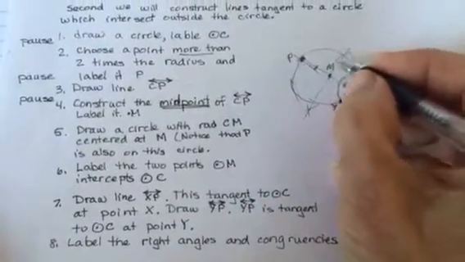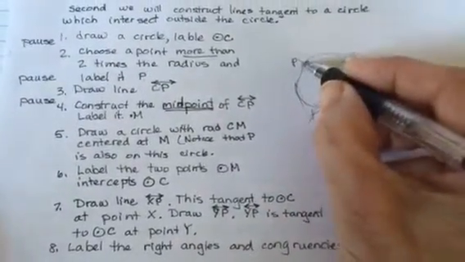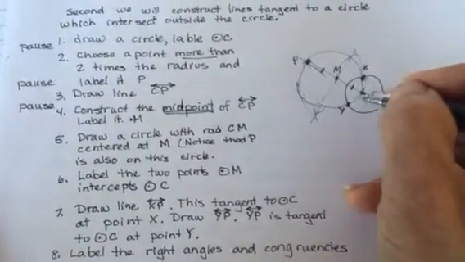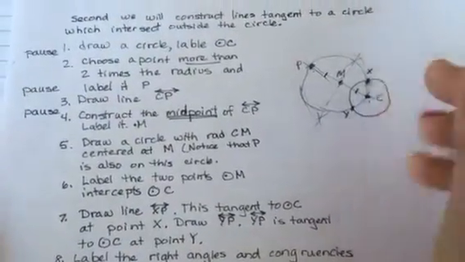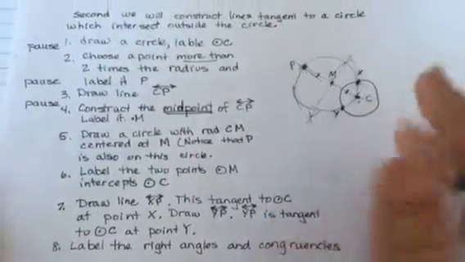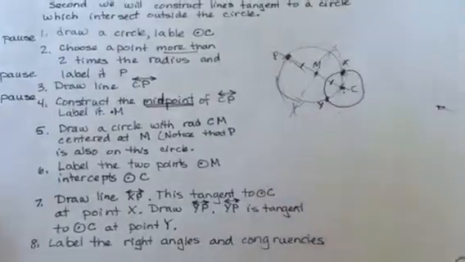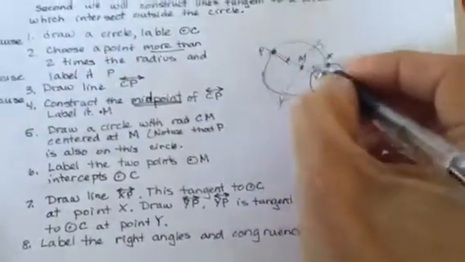We will draw both of those lines, and this will be line XP, this will be line YP, and they are tangent to circle C at their respective points. If you get those drawn, then you're going to be able to label the right angles and the congruencies.